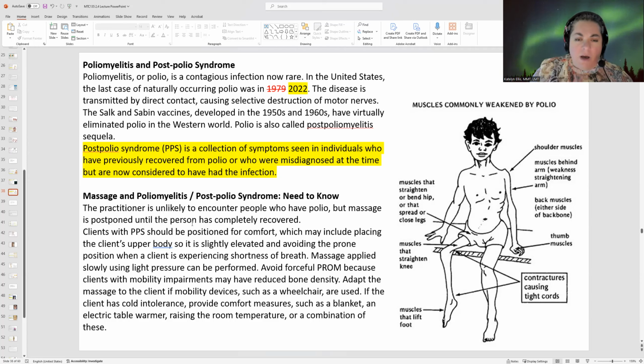I believe there's been a few others. It is transmitted by direct contact, causing selective destruction of motor nerves. Very terrible. Absolutely terrifying. We did pretty much eradicate it due to vaccinations.